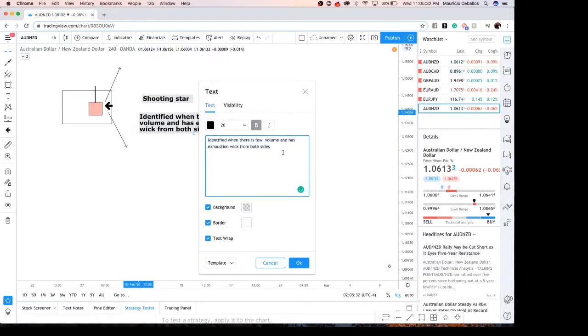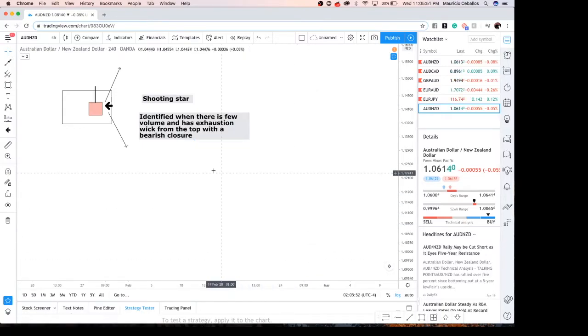It is identified when there is little volume and exhaustion wicks from the top, with a bearish closure. It looks very similar to the hammer, but this one can have a little more volume. This wick is usually big, or in this case medium size or big.